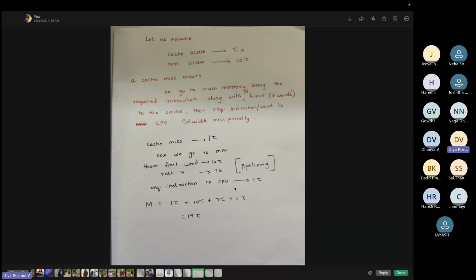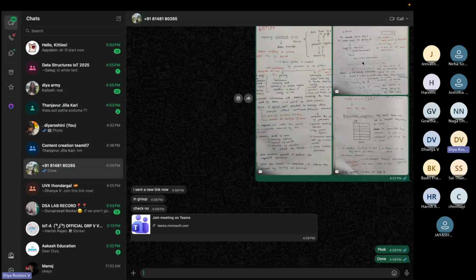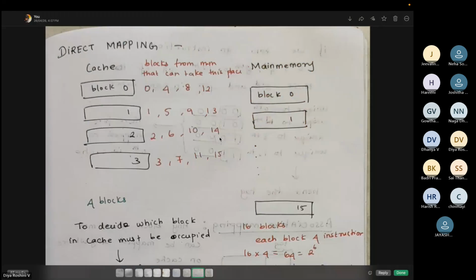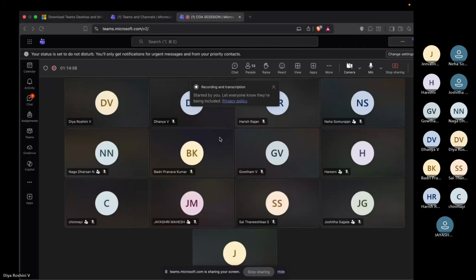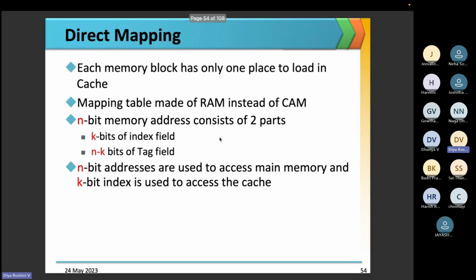Okay, now we are done with cache hits and cache misses. Now we can go into mapping. We will start with direct mapping.